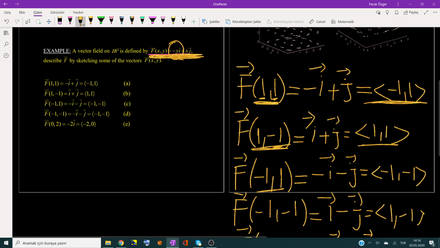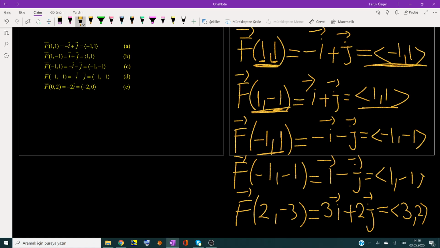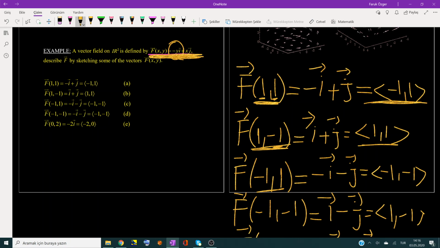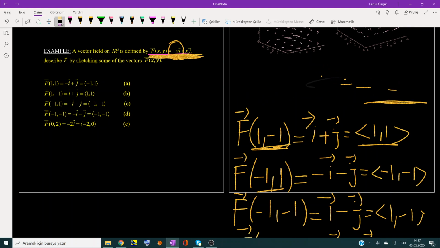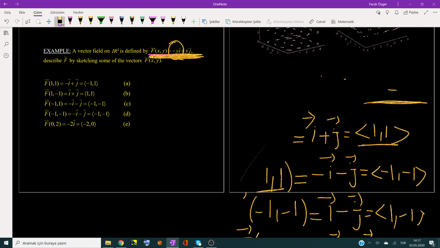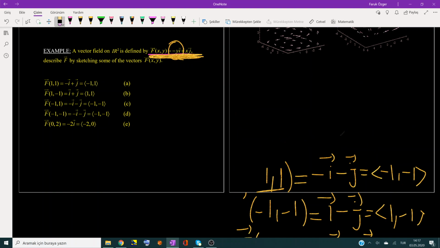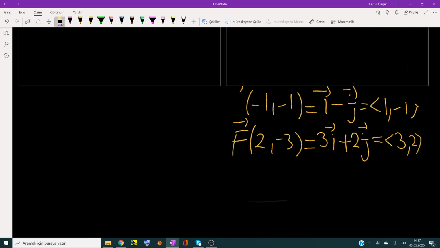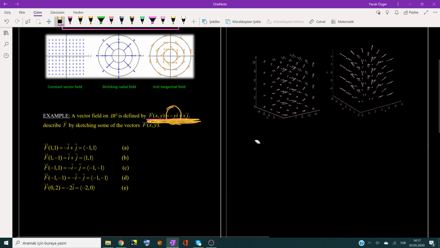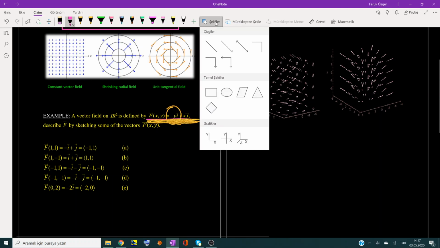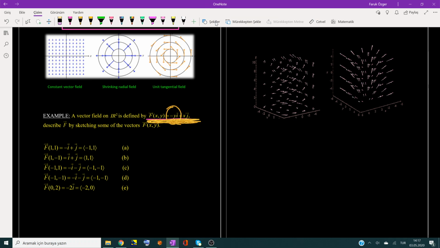So the next step is to sketch all these vectors for the given points. Okay, let me clear. I want to sketch the vector field at the given points. So let's have a two-dimensional space, two-dimensional coordinate xy.